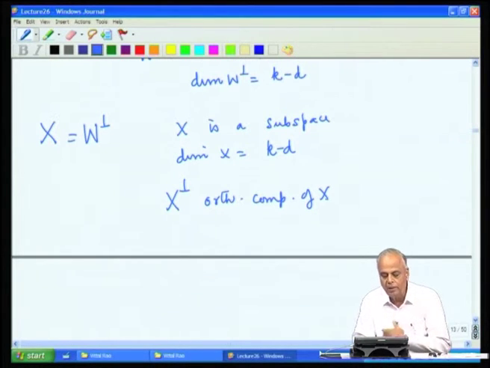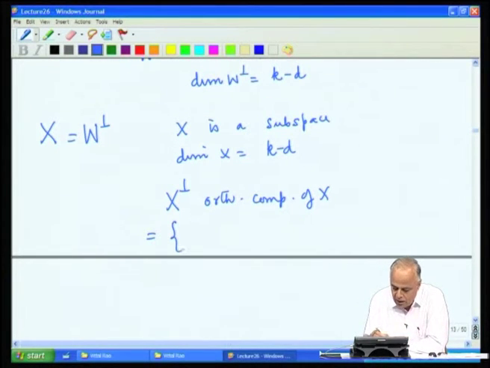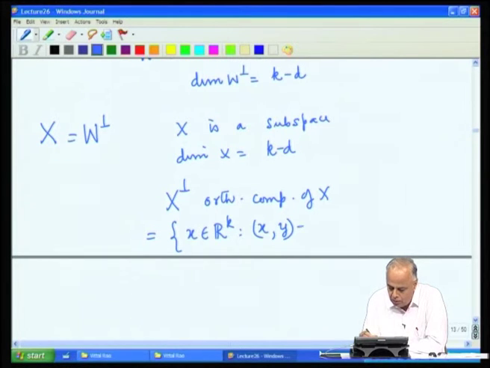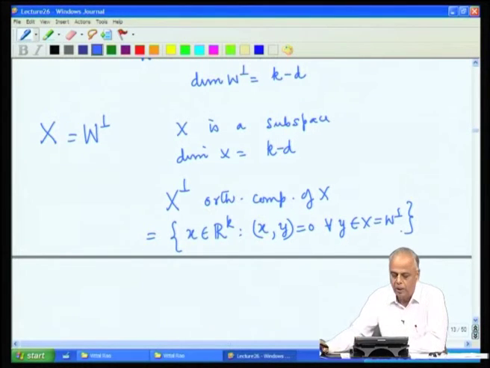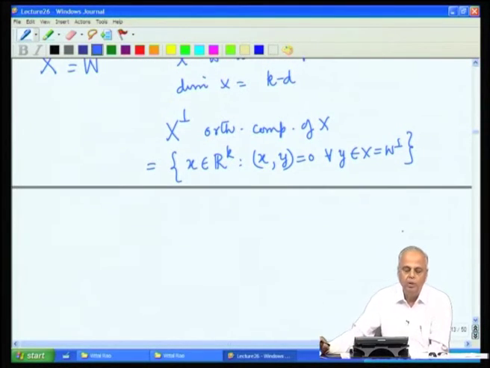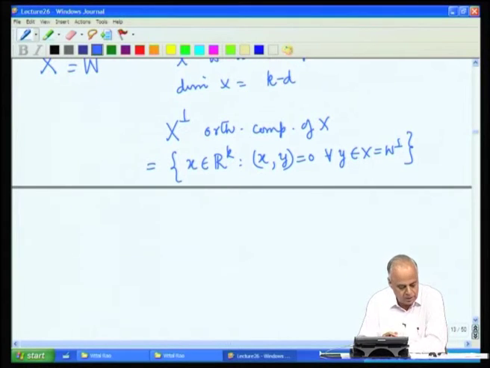X perp is the orthogonal complement of X. Now, this is the set of all vectors x in R^k such that the inner product of x and y is equal to 0 for every y in X, which is W perp. So, in other words, X perp is the set of all the vectors which are orthogonal to all the vectors in W perp.